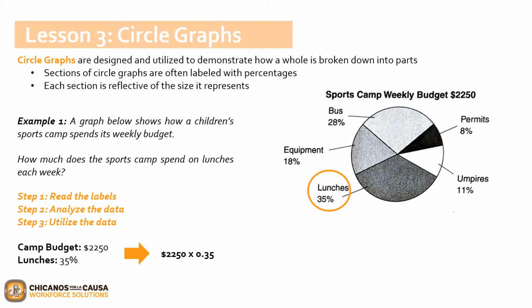So in order to find 35% of 2,250, we're going to go ahead and multiply those together. This gives us an answer of $787.50. That means that 35% of 2,250, which is spent on lunches, is $787.50.